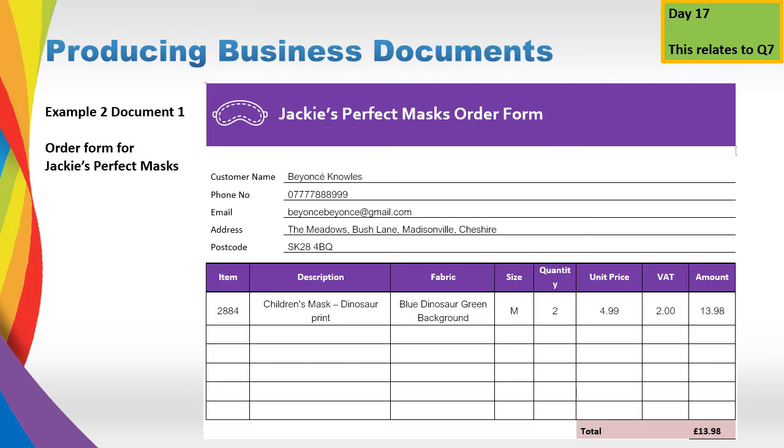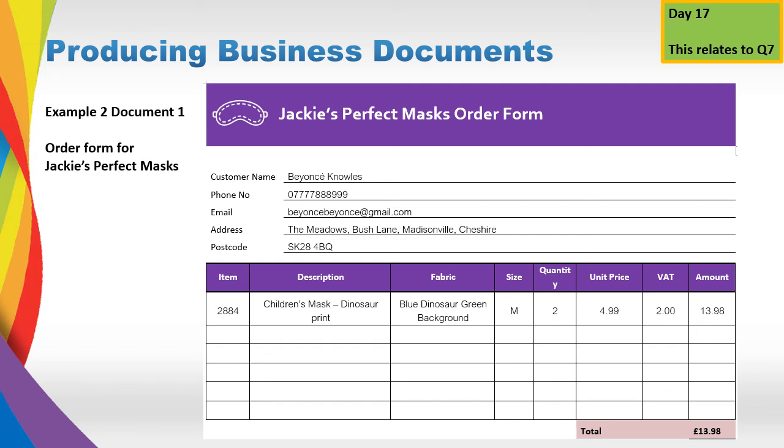So my second business example is for Jackie's Perfect Masks business. So we've got here an example of an order form. Jackie was very lucky and Beyonce Knowles ordered some masks from her business. So we can see here that we've got Beyonce's name, her telephone number, her email address, her address and her postcode.